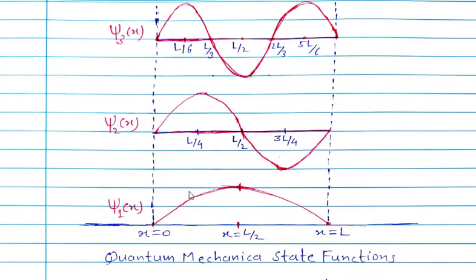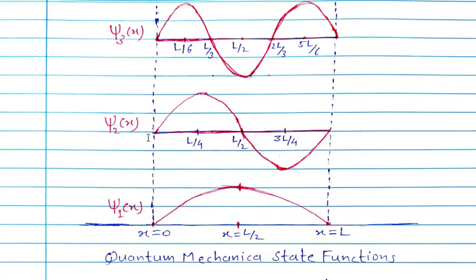If x is L, again the value of psi 1 of x is 0. But at x equal to L by 2, the term pi x by L takes the form pi by 2, and sine of pi by 2 comes out to be plus 1, and hence we get the maximum value, which is root 2 by L for the ground state function. So it varies like this.